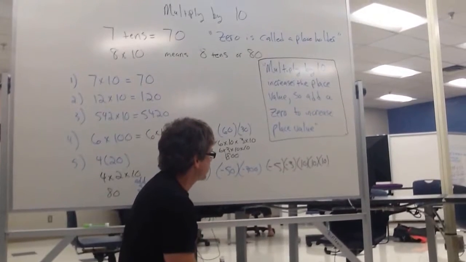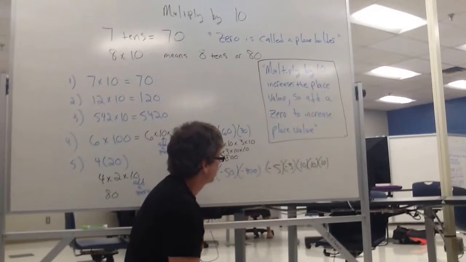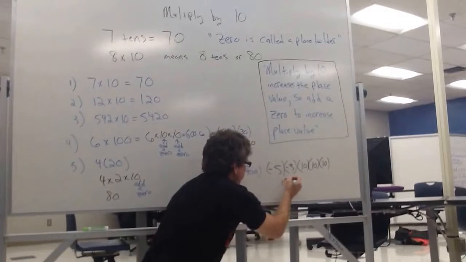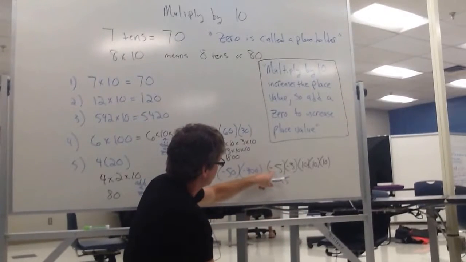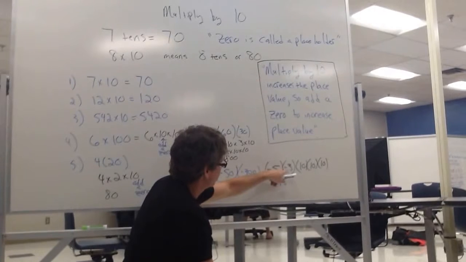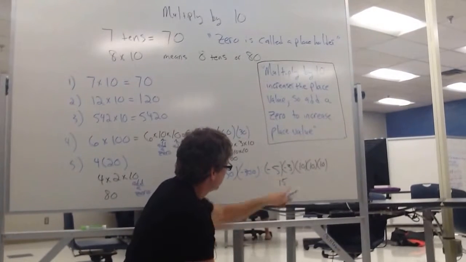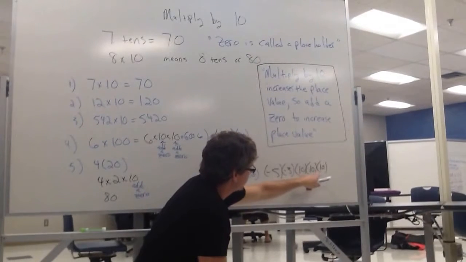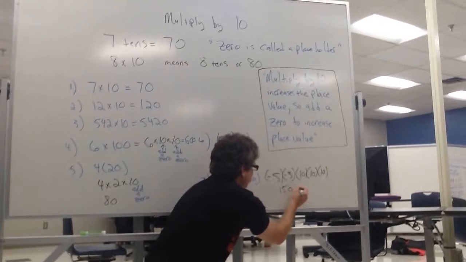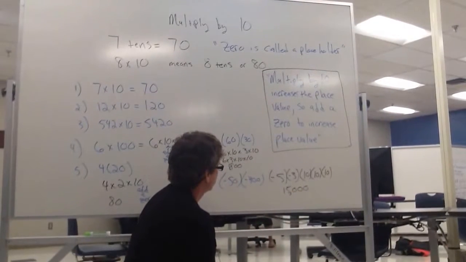And then the math becomes rather easy because all I got to do now is multiply -5 times -3. Well, we know 5 times 3 is 15, and we learned that when you multiply, negatives are like a light switch. It's going to flip to negative, and then it's going to flip back to a positive. So I do get a positive 15 there. And when you multiply by 10, multiply by 10, multiply by 10, that essentially means stick on 3 zeros. And therefore, we get our answer of 15,000.